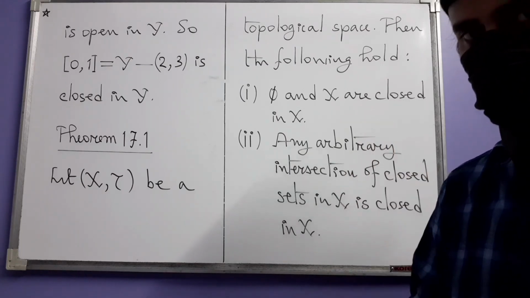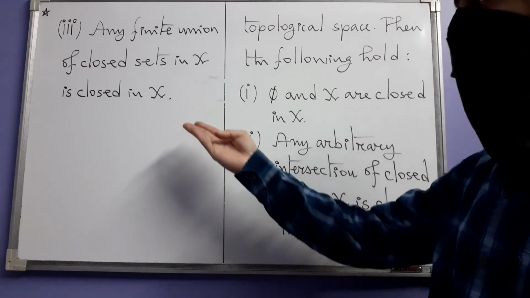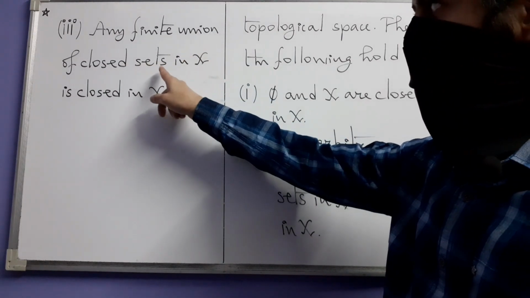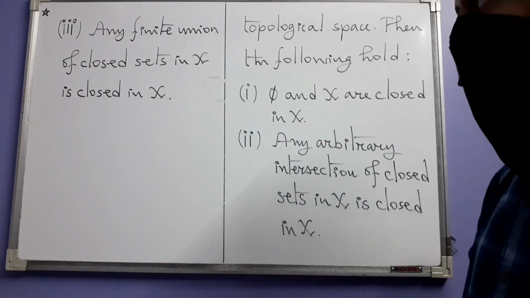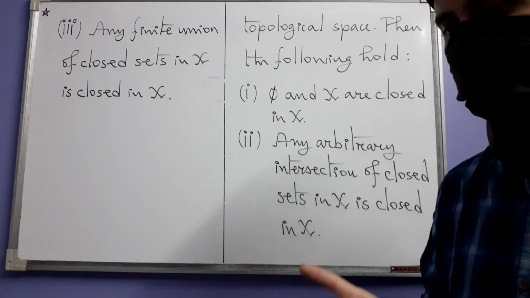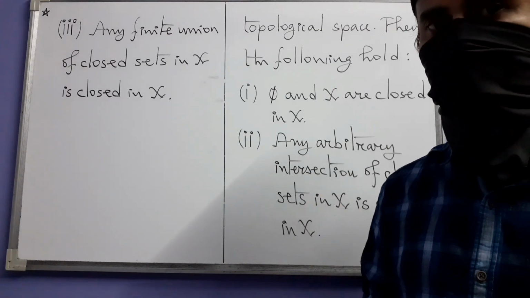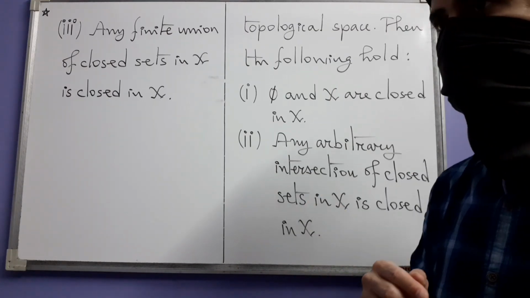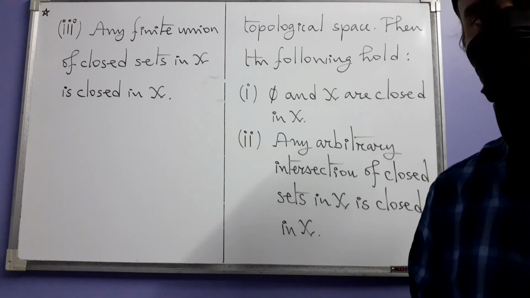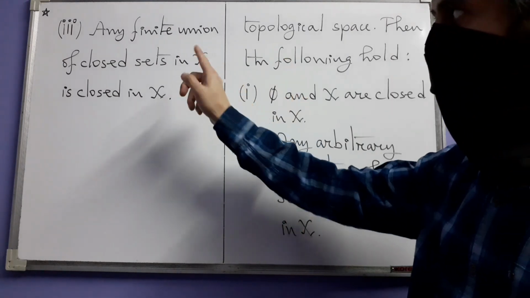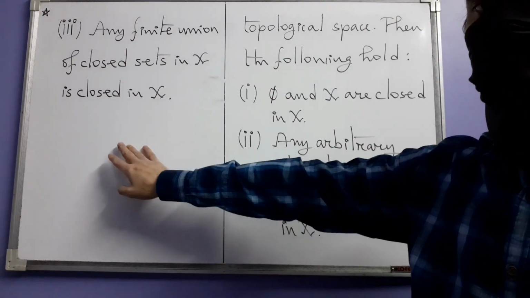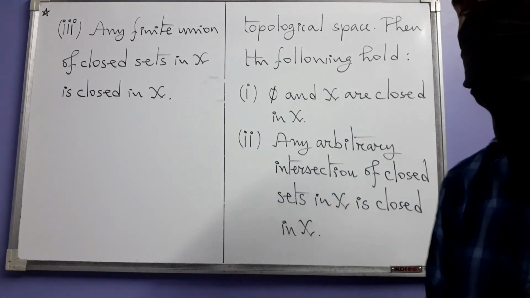And the third one is this: any finite union of closed sets in X is closed in X. The corresponding thing that we have in the definition of a topology for open sets is that any finite intersection of open sets is open. Here we have a finite union of closed sets and it's always closed in X.